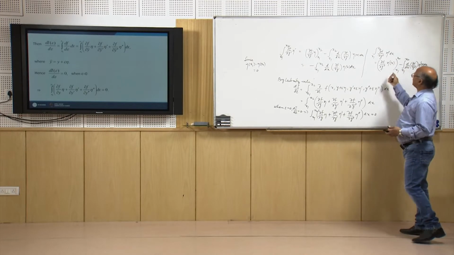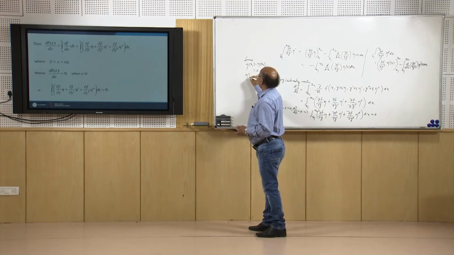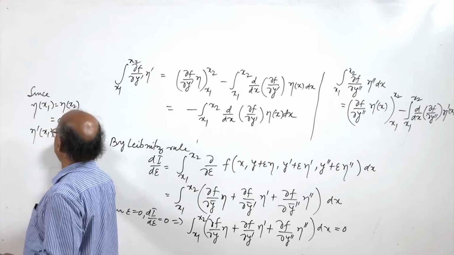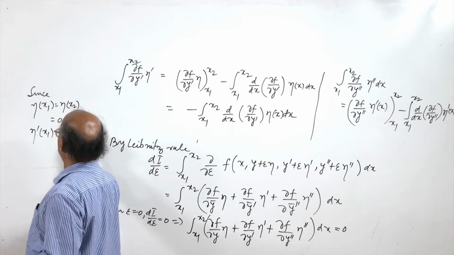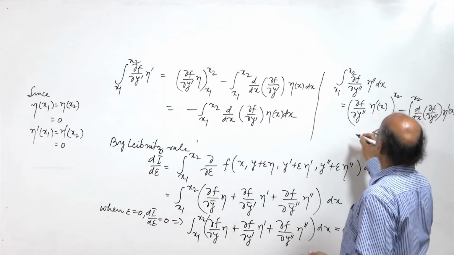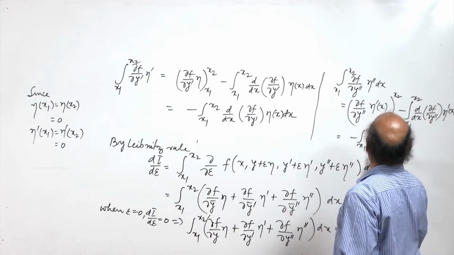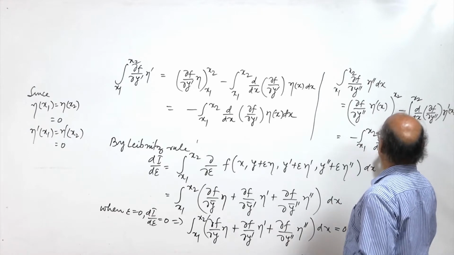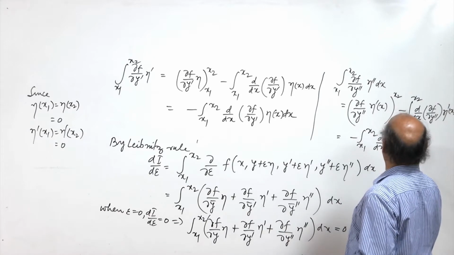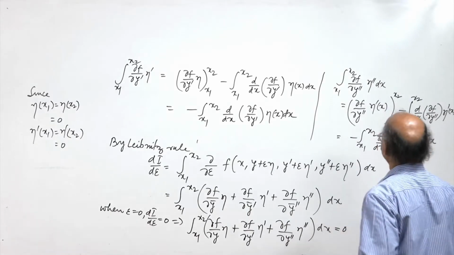Now eta dash(x) we have assumed to be equal to 0 at x1 and x2. Eta dash(x1) is equal to eta dash(x2) is equal to 0. So this will make this term 0, and we will get minus integral x1 to x2 d over dx of this.